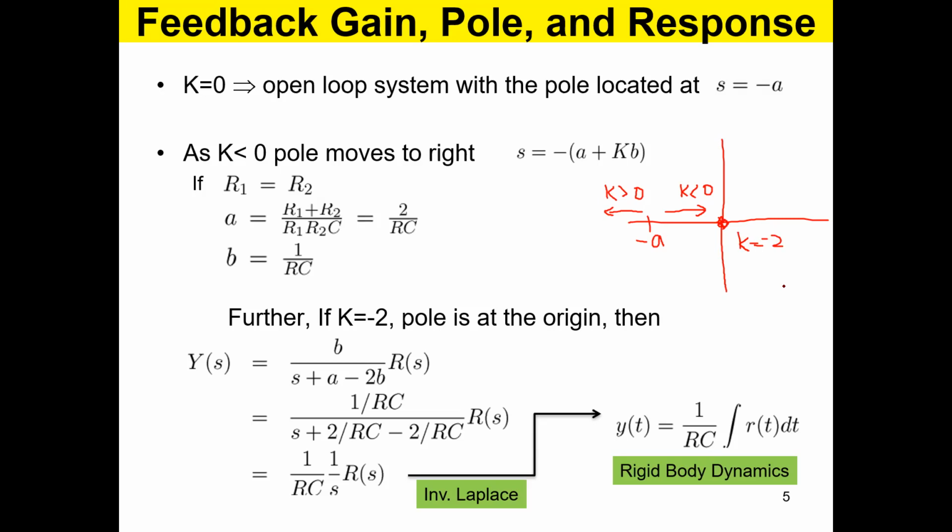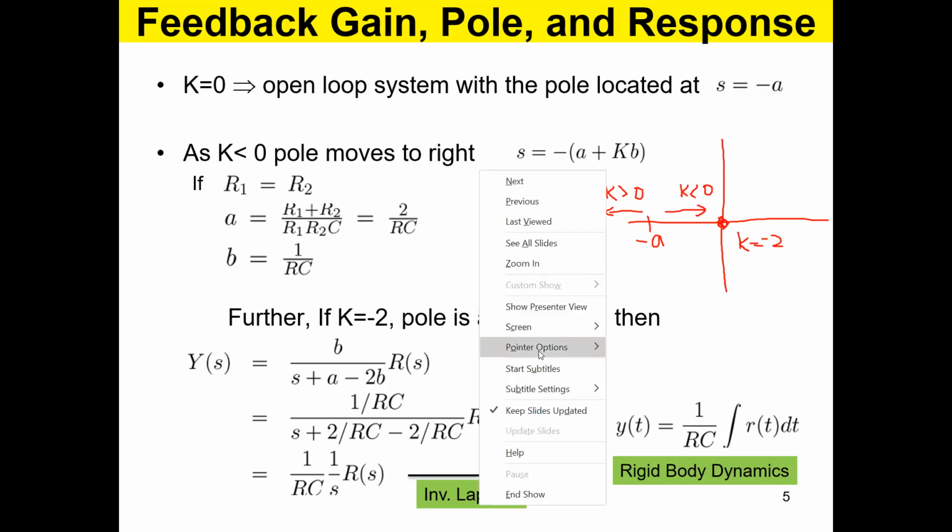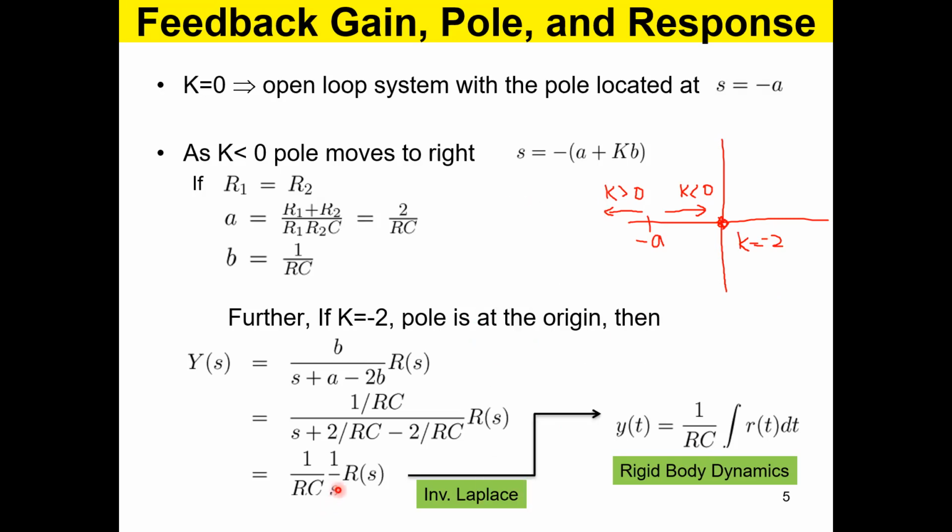This is very interesting. Whenever the pole goes to 0, the origin, you have rigid body dynamics. And here also you can see, it is 1 over s. So the denominator is just s, which means the pole at 0, s is equal to 0. Rigid body dynamics.